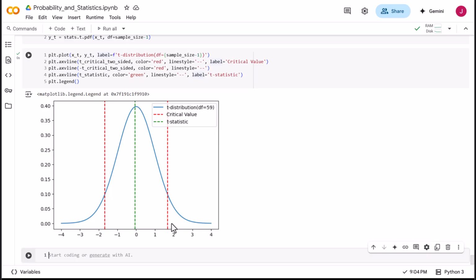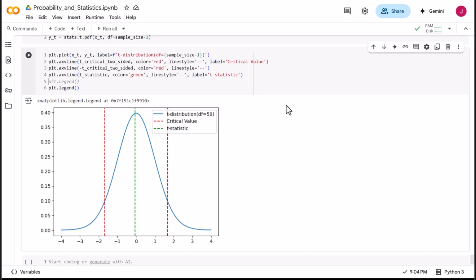And also we can fill these areas. So in plt, we have fill_between to fill this rejection area. So x_t and y_t, then where is equal to where x_t is greater than or equal to t_critical of two-sided, or the other side, right? So this one plus this one, less than or equal to, right?